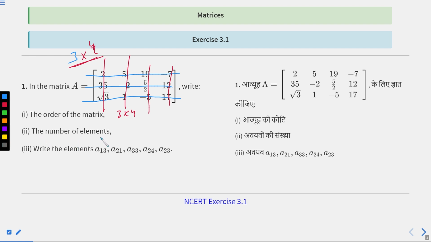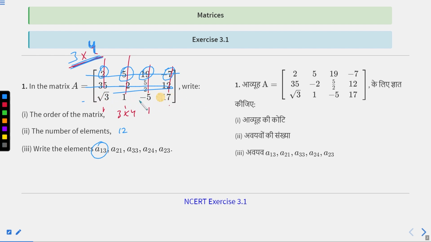Now the number of elements, as you can see, 3 multiply 4, you will have 12. You can also count. 4, 4, 4, 12, in total 12 elements. So you just multiply the order numbers and you will get your total number of elements. Now write the element a13. This means the entry at first row and third column.